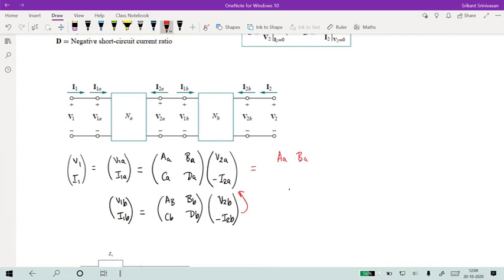Instead of writing it all down explicitly, let me just write it as the TA matrix. V2A is now V1B, and minus I2A is equal to I1B.